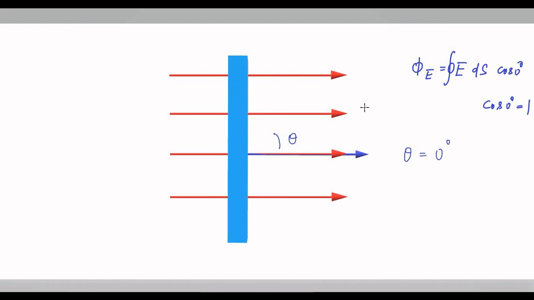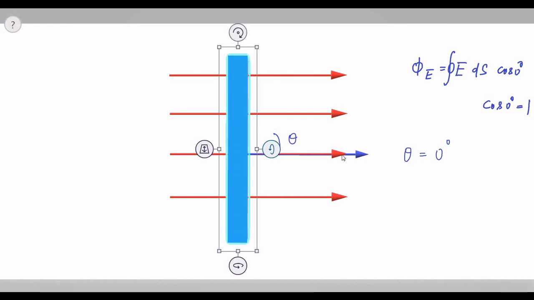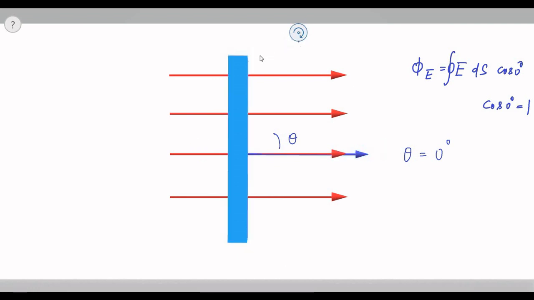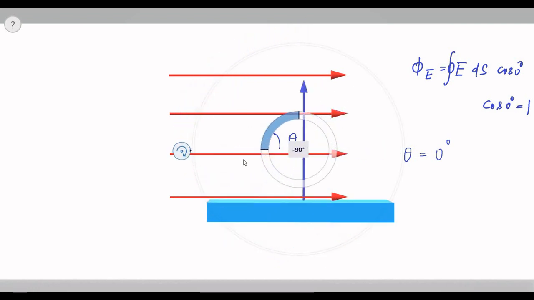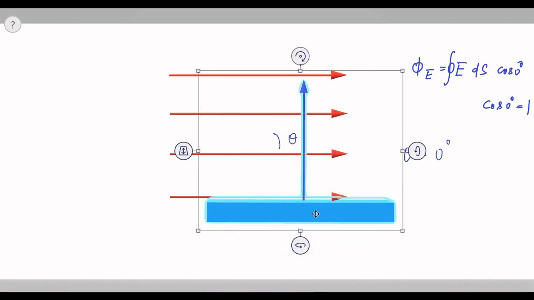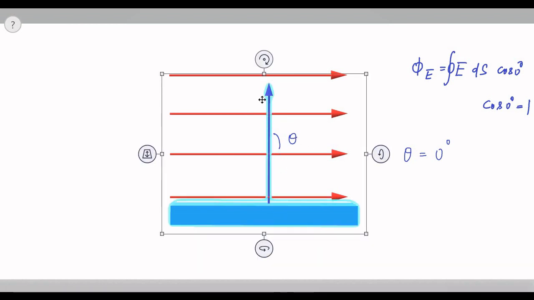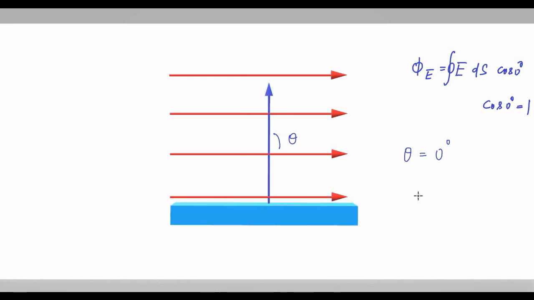Now if we change the situation, if we again rotate it and bring it to something like this, here the angle between this blue vector, which is the area element vector, and the red vectors, which are the electric field vectors, is equal to 90 degree.